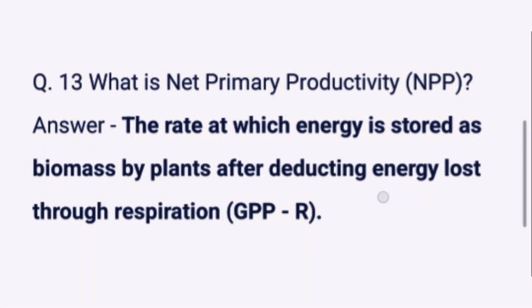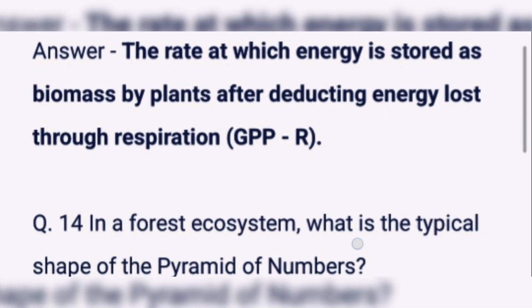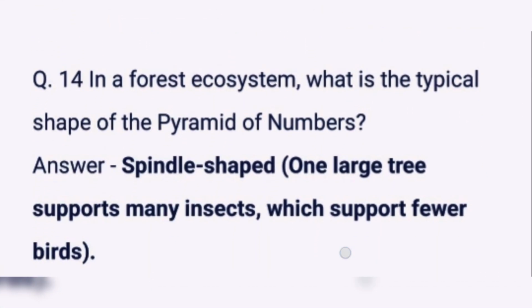What is the net primary productivity, NPP? Answer is the rate at which energy is stored as biomass by plants after deducting energy lost through respiration. In a forest ecosystem, what is the typical shape of the pyramid of numbers?